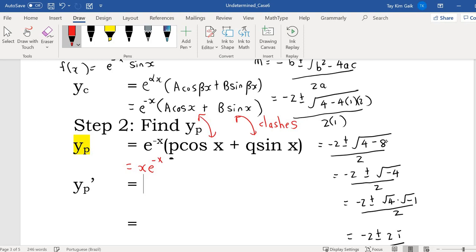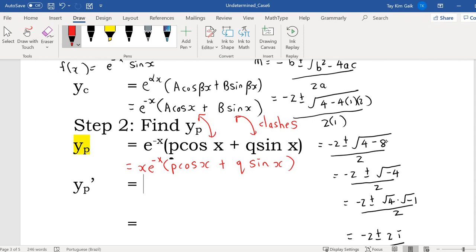So after you multiply by x, they no longer clash. Because the yc has only the product of the exponential and cos, but here you multiply by x, so you get 3 terms, no longer clash.